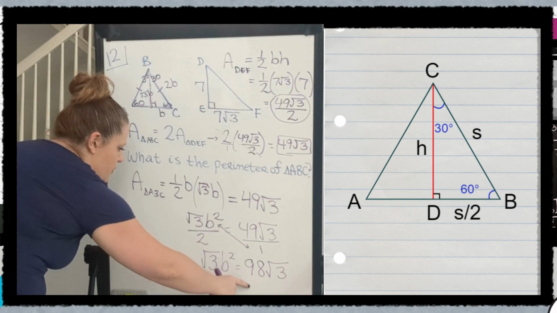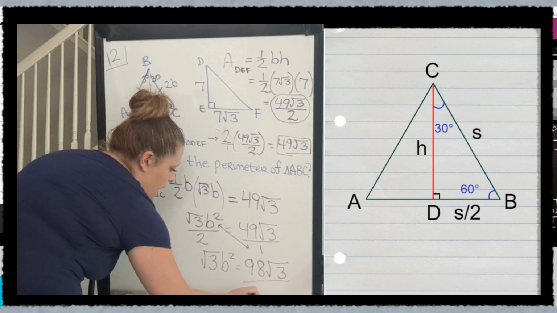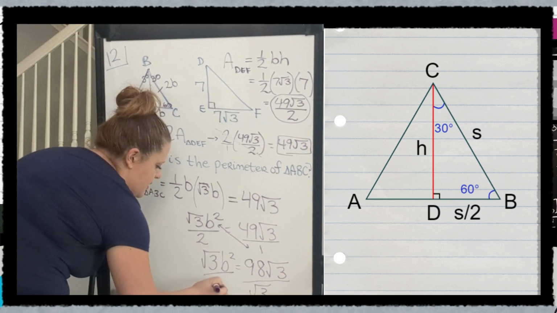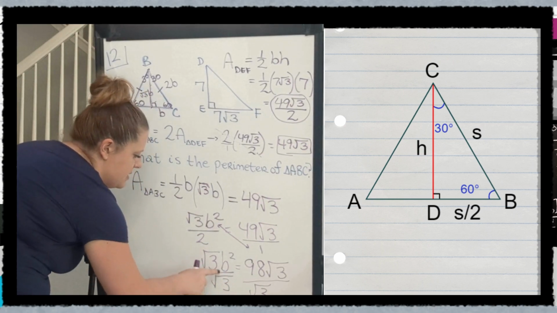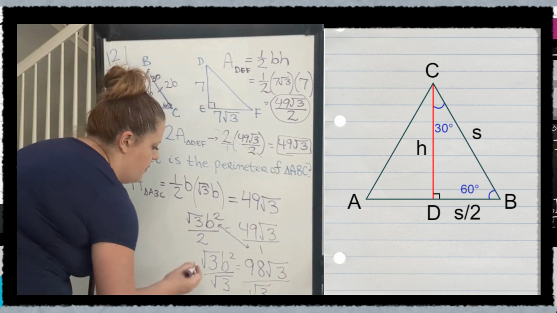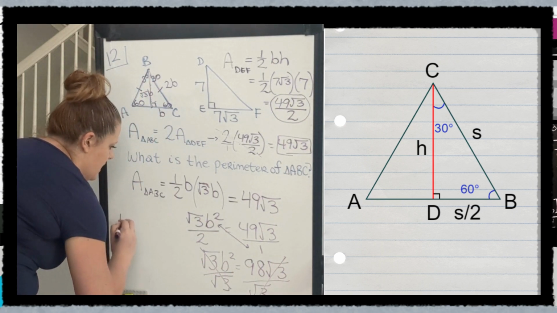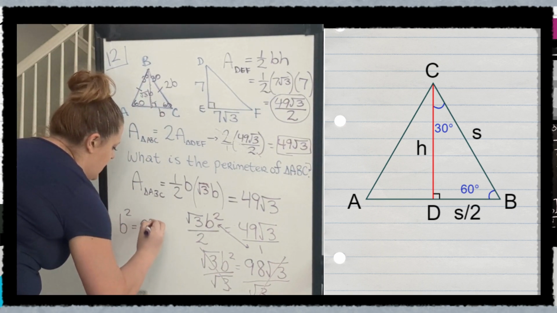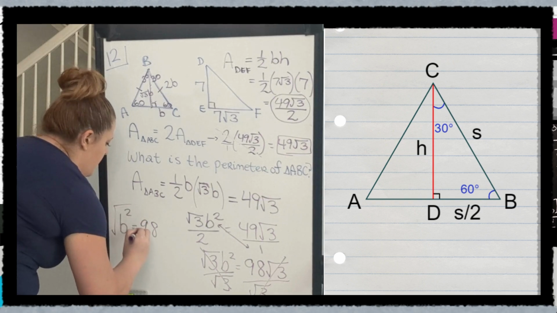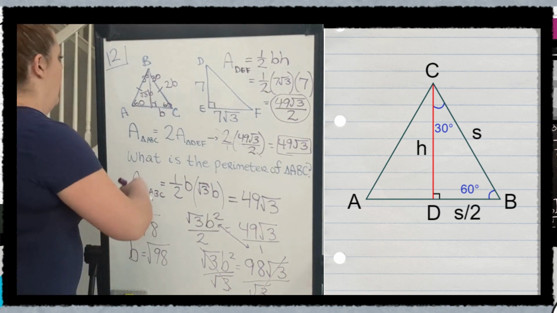All right, so I'm going to move the next step up here. But what I noticed, they both have a square root of 3 in common, and I'm going to divide by the square root of 3 because that's what is times b, and I want to get b by itself. So this cancels out on both sides. I get b squared equals 98. B then is the square root of 98.